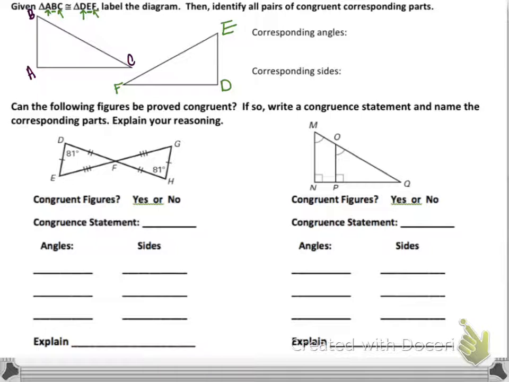So my corresponding parts are going to be congruent, so A is going to be congruent to D, B is going to be congruent to E, and C is going to be congruent to F. So those are my corresponding angles. Angle A is congruent to angle D. Angle B is congruent to angle E.